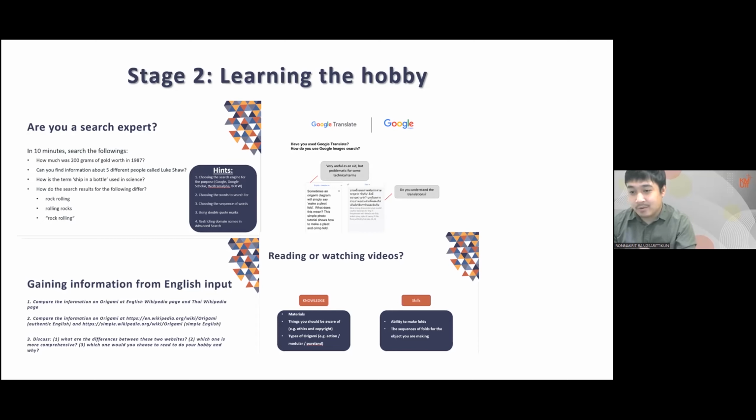If you want to gain knowledge, like materials to do origami, or things you should be aware of, like ethics, copyright or types of origami, maybe it's better to read. But if you want to gain skills, like the ability to make folds or how to fold the objects, maybe it's worth watching videos because it's easier.